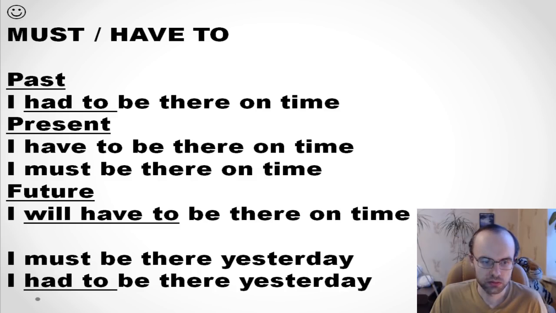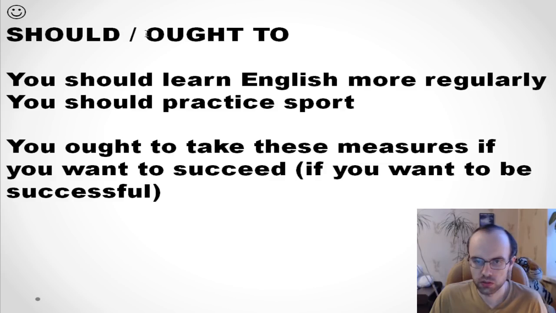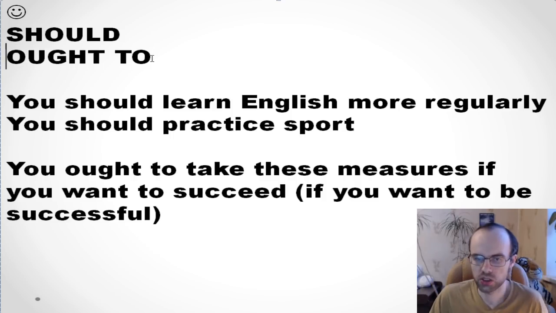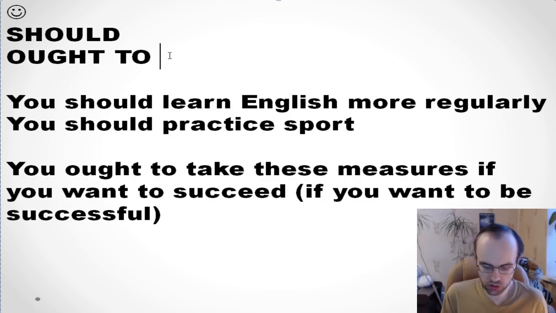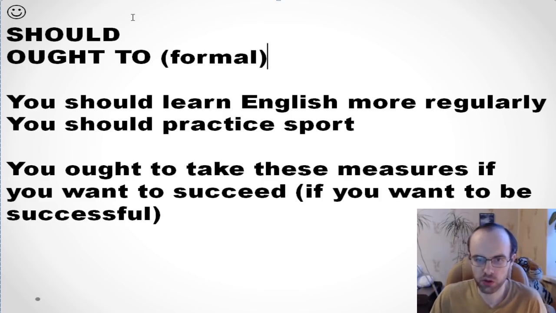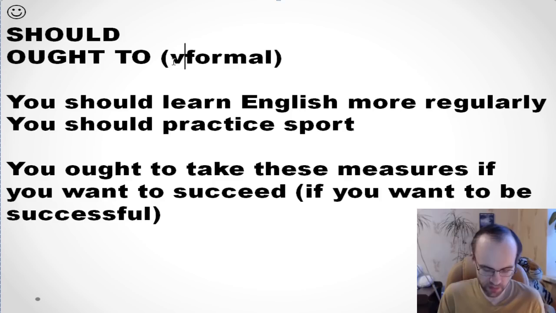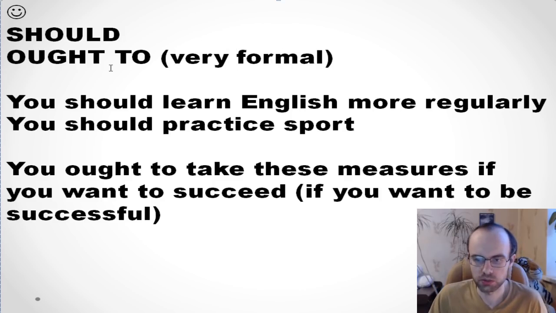Next, should or ought to. When we give some advice, we use should or ought to. Should without to and ought with to. But ought to is very formal. Look, you should learn English more regularly.